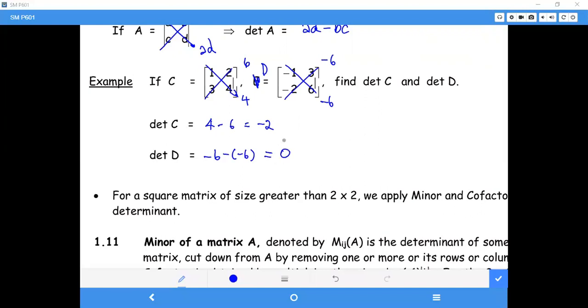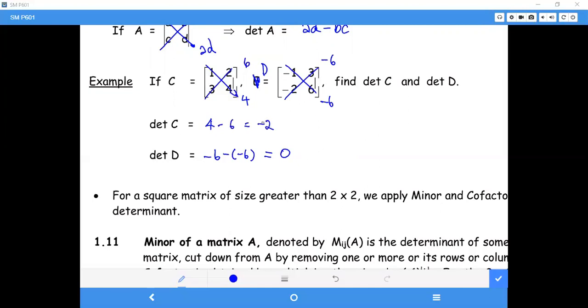Now I tell you, if the determinant is 0 like this, we say that this matrix doesn't have the inverse. If the determinant is 0, we call matrix D a singular matrix, singular like single, no girlfriend, no boyfriend, right?